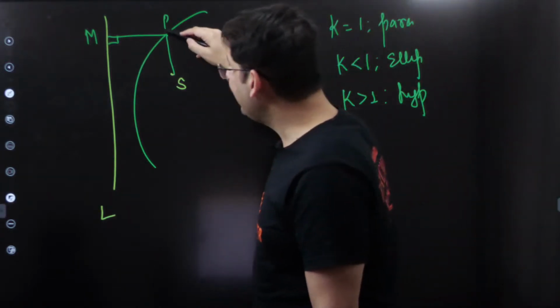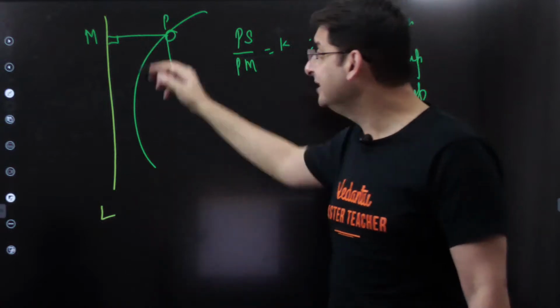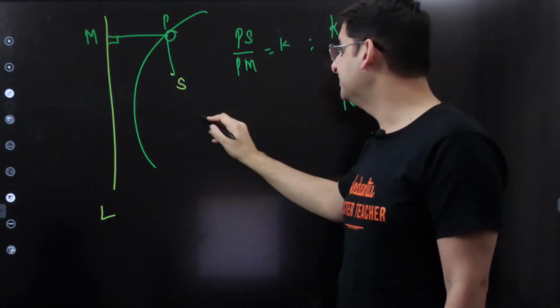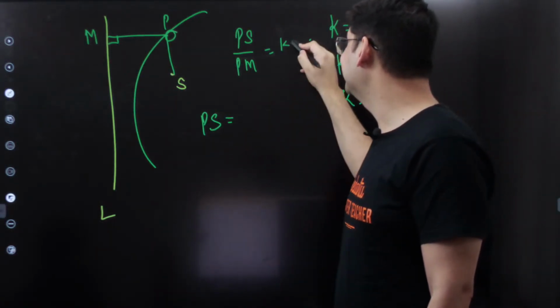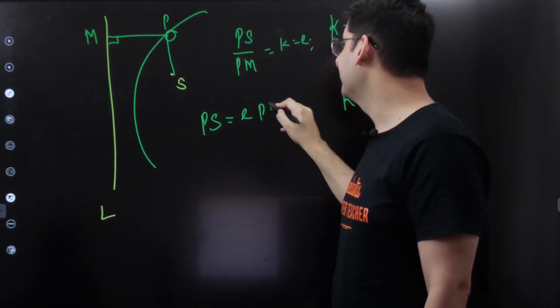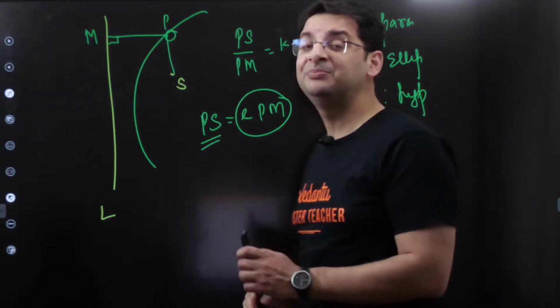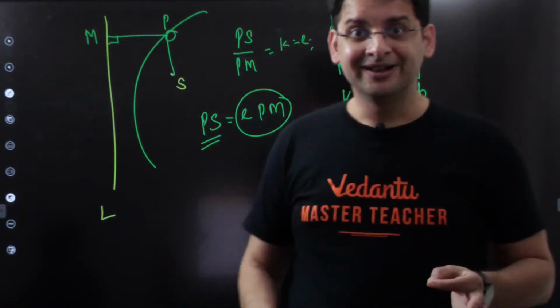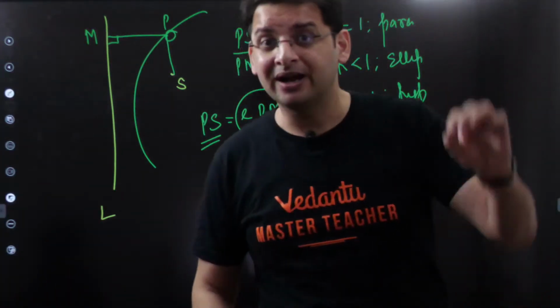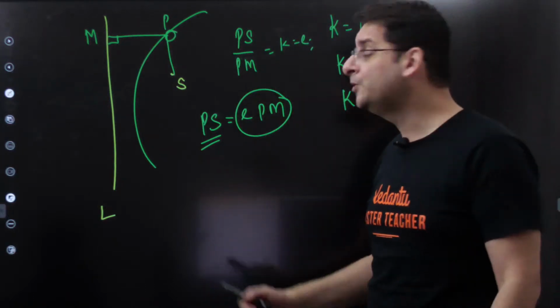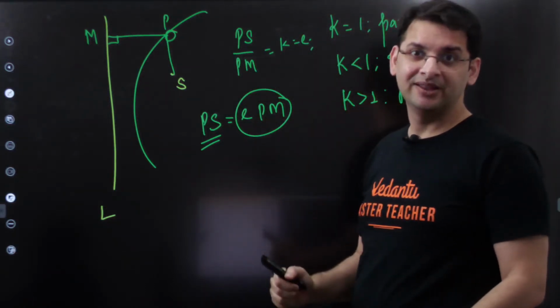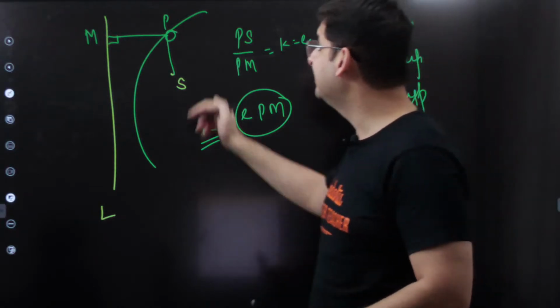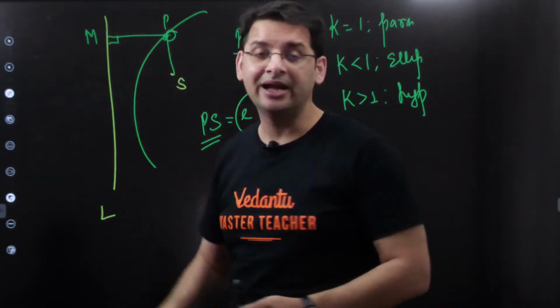Right? So any point that lies on the conic section, its distance from the focus, PS, is always equal to, this is e actually, e times PM. So whenever you are asked PS, the distance of the point from the focus, you never ever apply the distance formula. All you need to do is e, the eccentricity, times the distance between the point and the directrix.